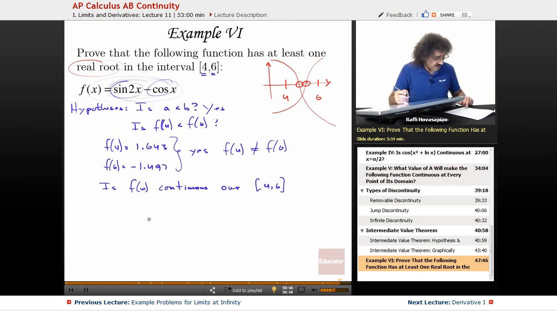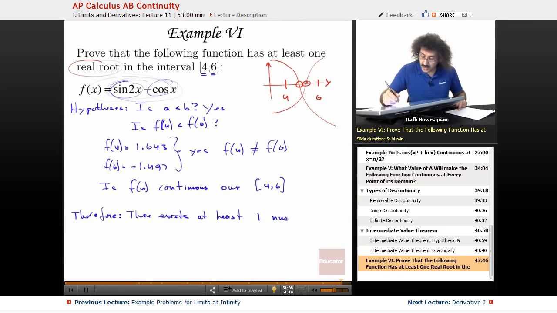The hypotheses are satisfied. Therefore, there exists at least one number between 4 and 6 such that f of this number, some number, let's just call it c, there exists at least one number c between 4 and 6.